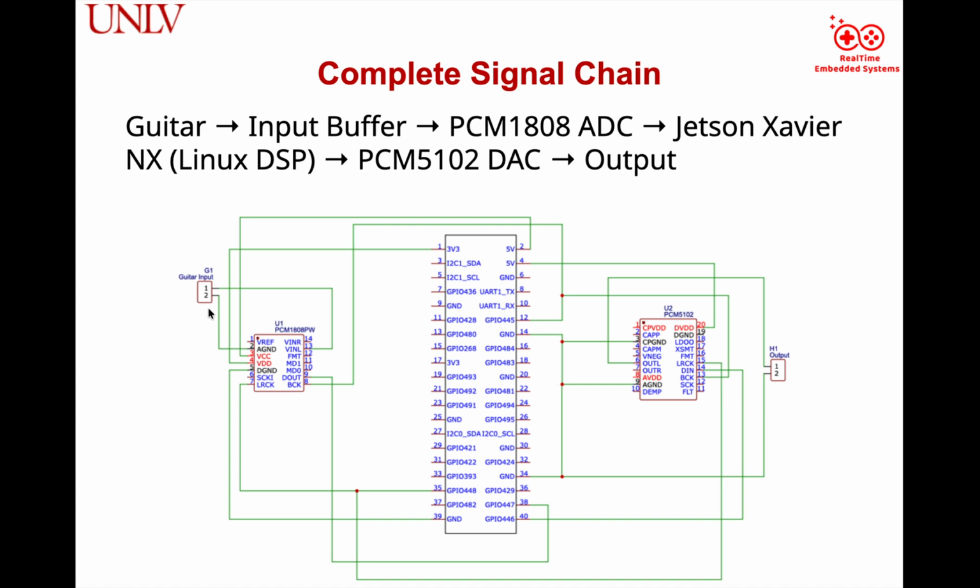In practice I use what we call a guitar tuner. After the guitar, we put the tuner on it. The tuner changes the guitar impedance, which is very high, into an impedance suitable for input to the ADC unit here. And then right here is the connector to the NVIDIA Jetson, which I connect them to.